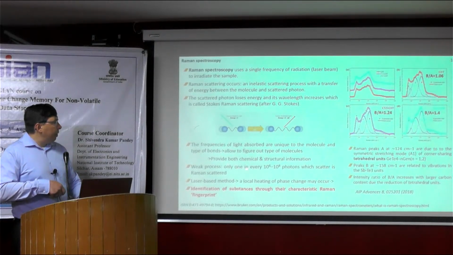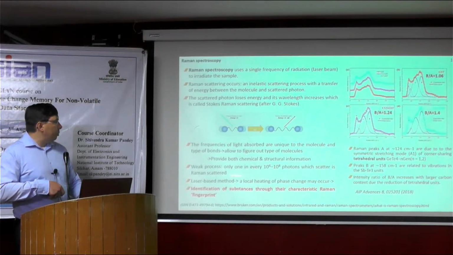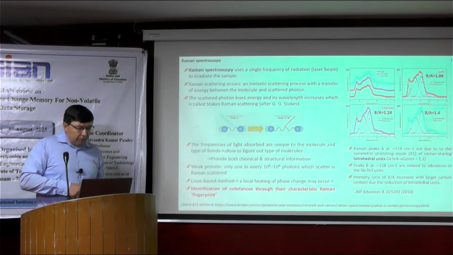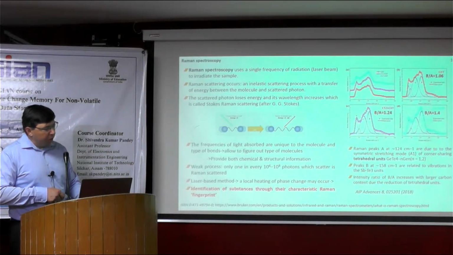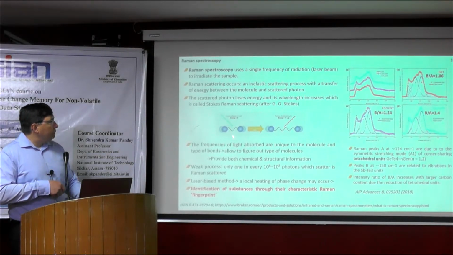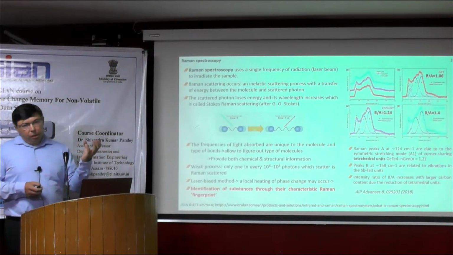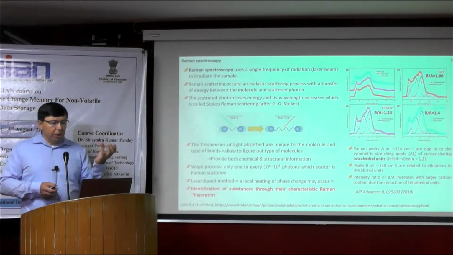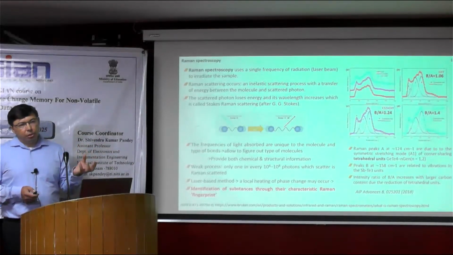But this is a very weak process, because only one in 10 to the 6 or 10 to the 8 photons is Raman scattered. There is also one disadvantage of this technique: it is a laser-based method. You need a laser for the Raman method, and in amorphous phase change materials you can induce crystallization by using a laser.